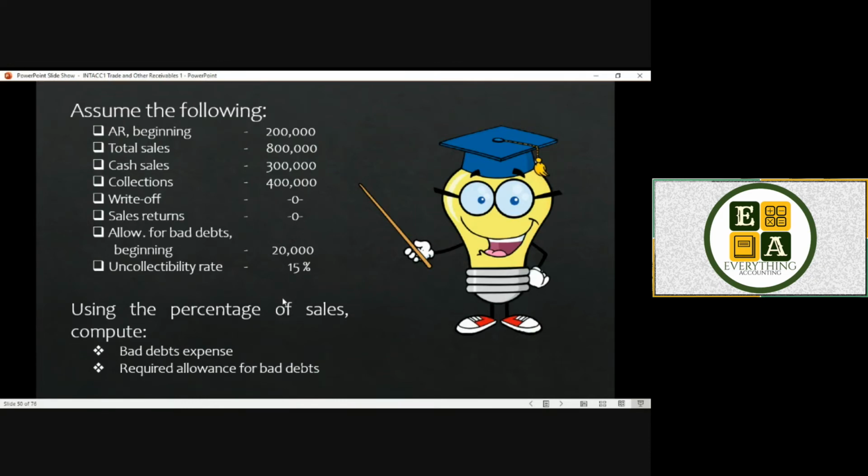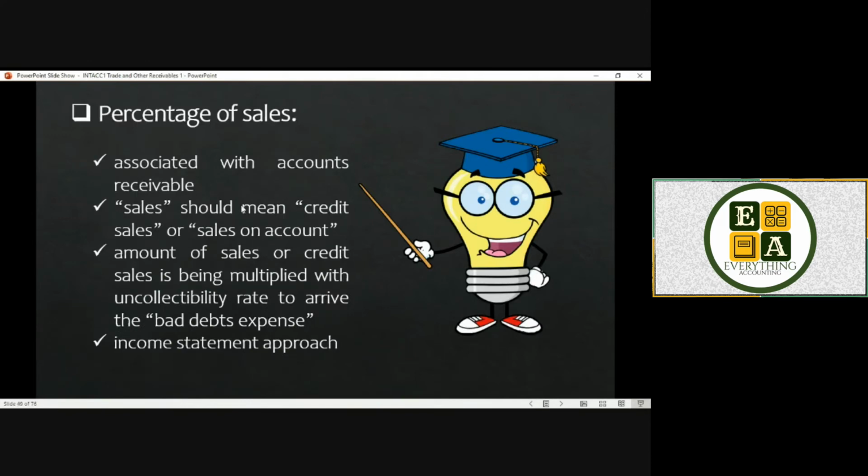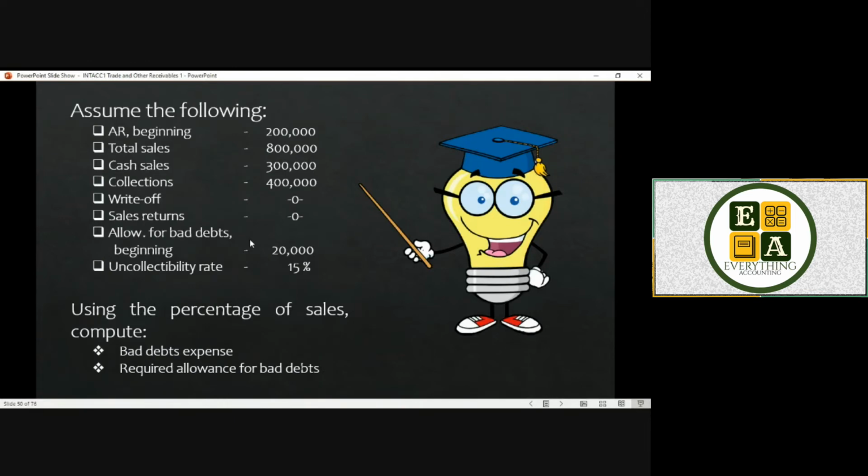Take note yung sabi dito, yung sales should mean credit sales or sales on account. Because for purposes of bad debts, for accounts receivable, since accounts receivable is only arising from credit sale or sale on account, kailangan dun din natin i-relate si bad debt.